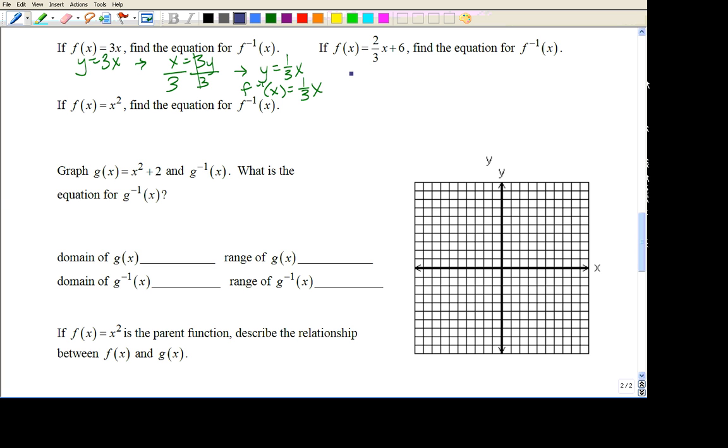On the next one, same thing. So we have y equals 2/3 x plus 6. Then we'll switch the x and the y, so we'll have x equals 2/3 y plus 6, and solve. So we'll subtract the 6. And then to get rid of the 2/3 here, we can multiply both sides by 3/2.